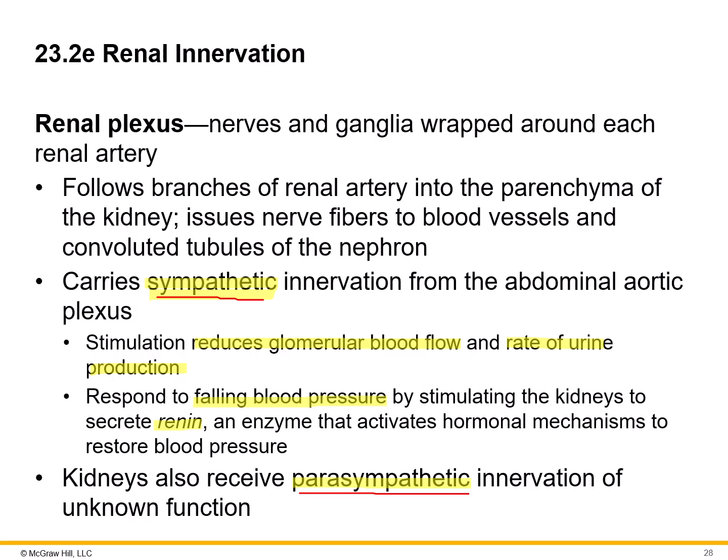There are some ideas on it, but we still don't know exactly how the parasympathetic nervous system stimulates the production of urine or the flow to the glomerulus. This part is still relatively new and relatively unknown. But we do know sympathetic is going to reduce.